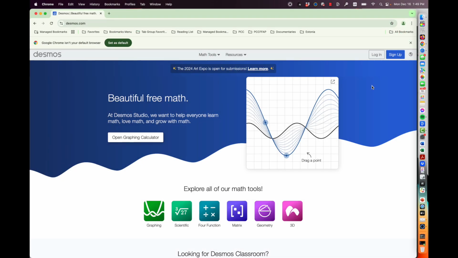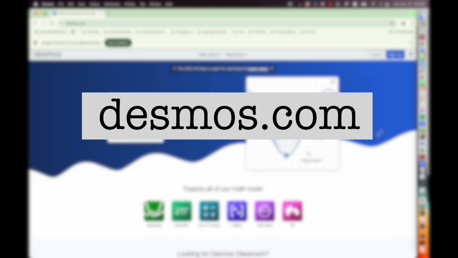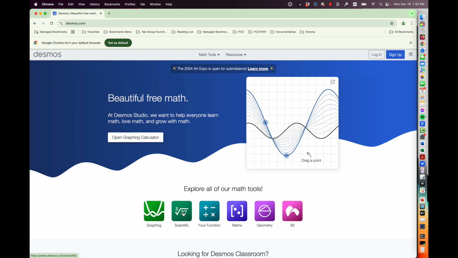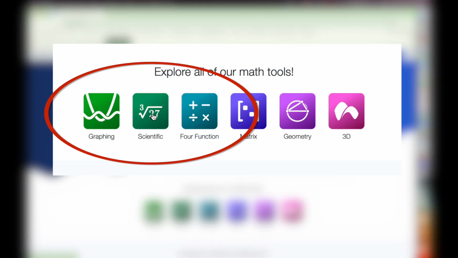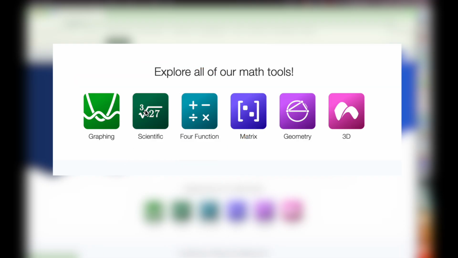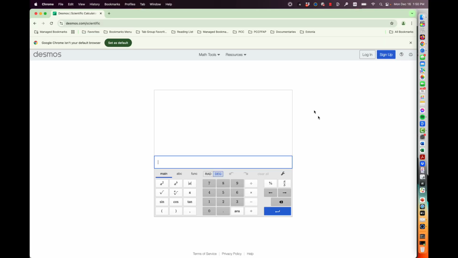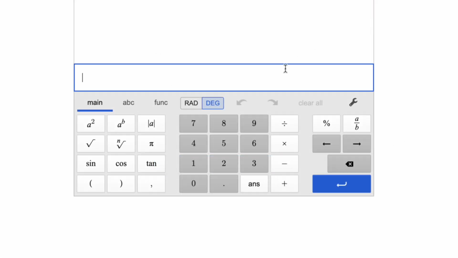Okay, to convert 25 over 99, or 25/99, into a decimal, we're going to go to desmos.com. That's DESMOS.com. And we can use any of these first three calculators here on their website, the graphing, the scientific, or the 4-function. We're going to go to the scientific calculator, and this pulls up our calculator, and we can enter 25.